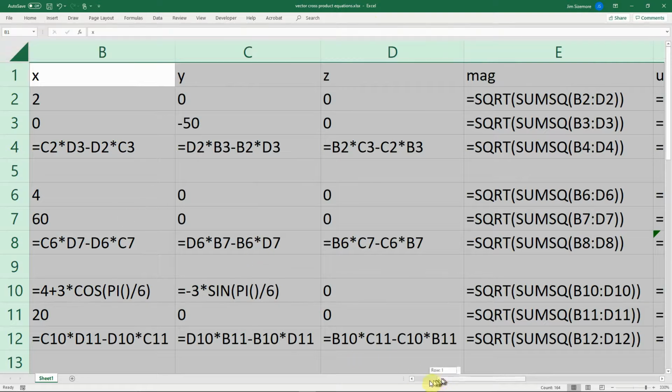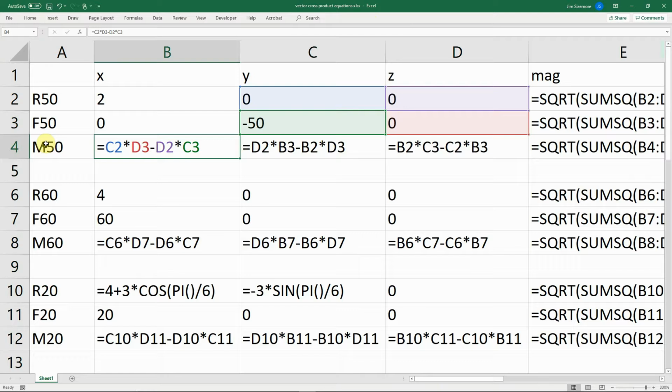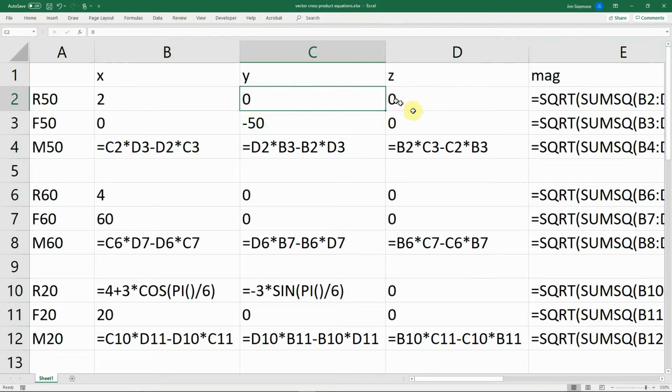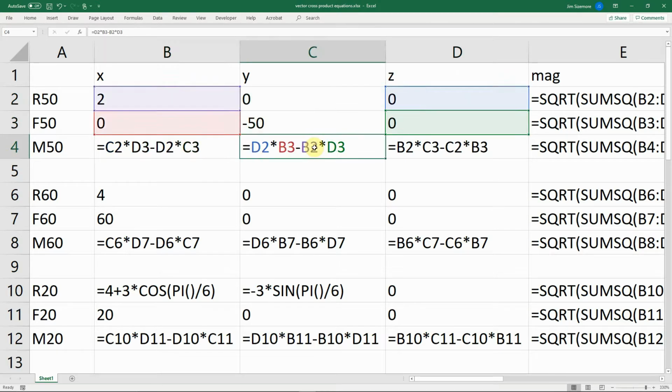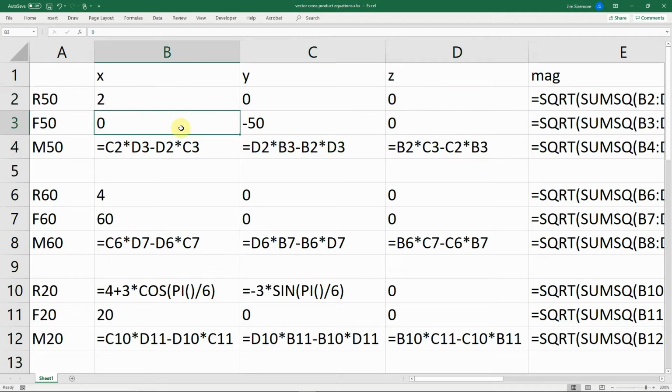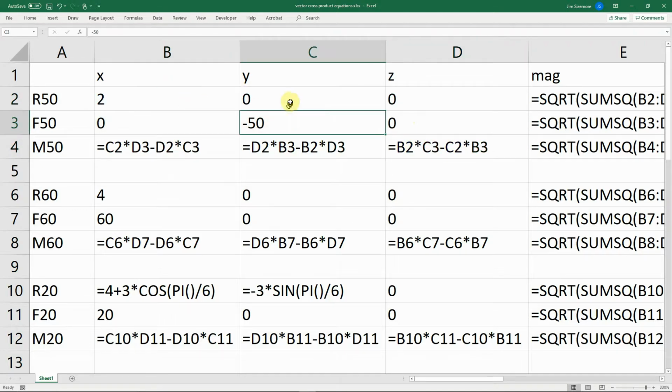So here is the formula for the x-axis moment: this cell times this cell minus this cell times this cell. Y-axis moment would be this cell times this cell minus this cell times this cell. The z-axis component is this times this minus this times this.